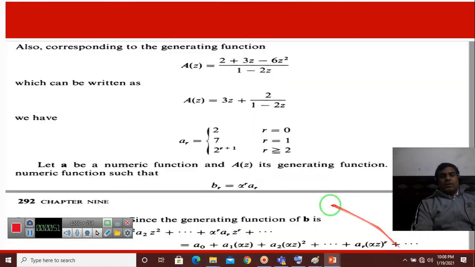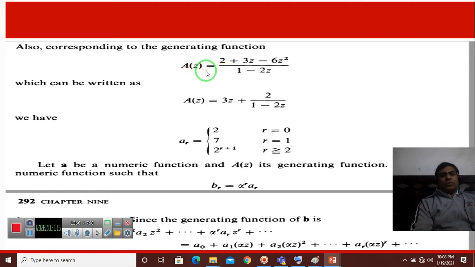In the previous lecture we discussed how we can find the generating function given the numeric function, where a_r is given and we find A(z). Now we will learn how we can find a_r where A(z) is given.